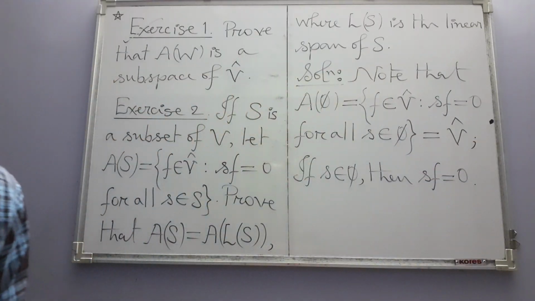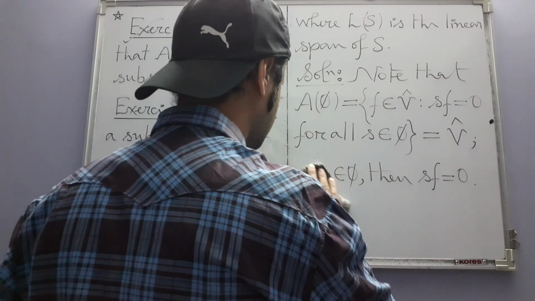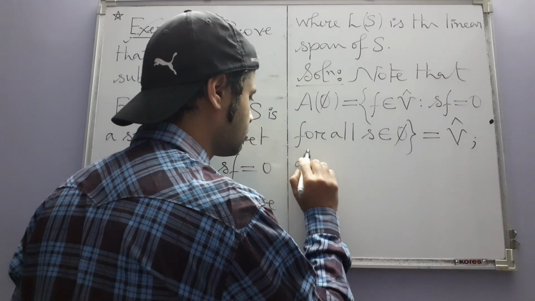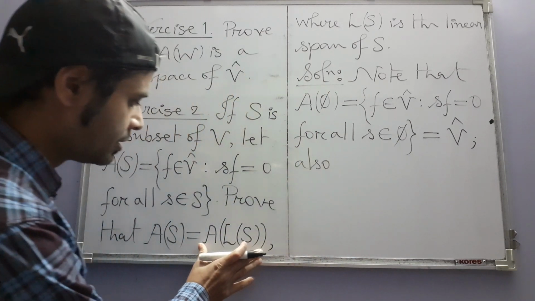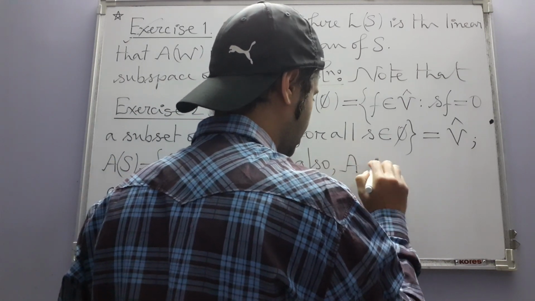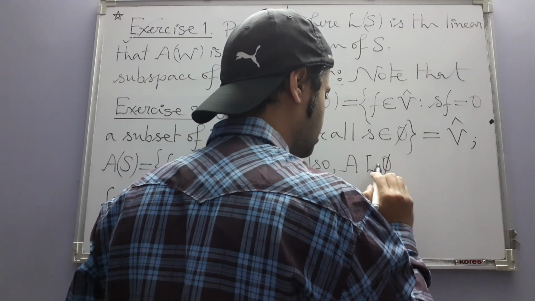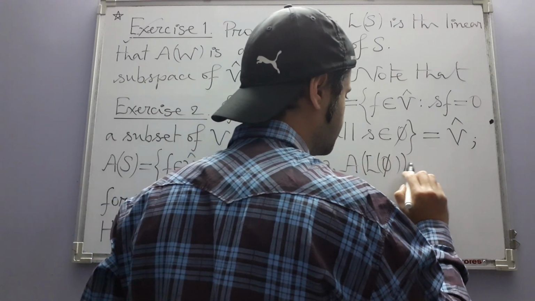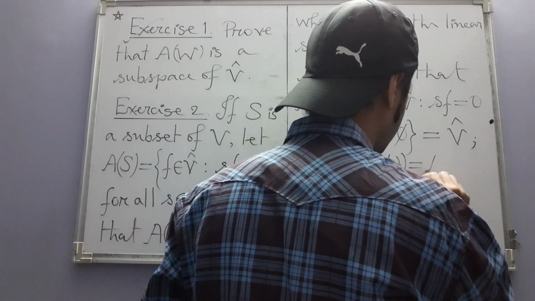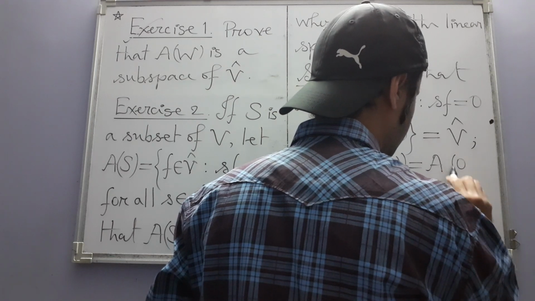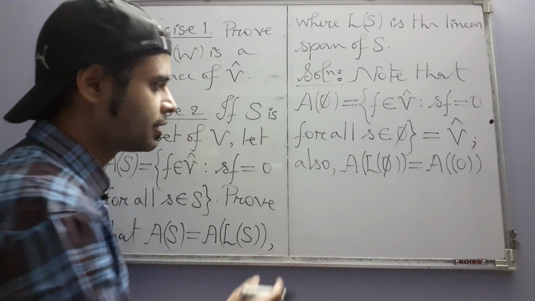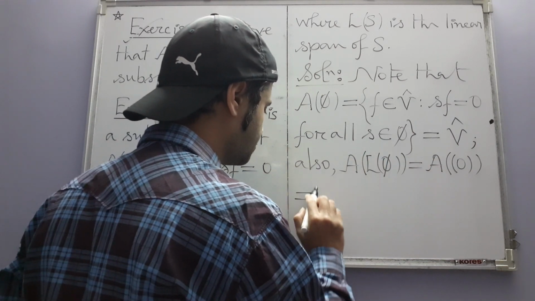Okay, now we calculate this when S is the empty set. Also, the annihilator of the linear span of the empty set. We already know what this linear span is. It's the trivial vector space consisting of only the 0 vector. Again, we apply our definition in this case also.